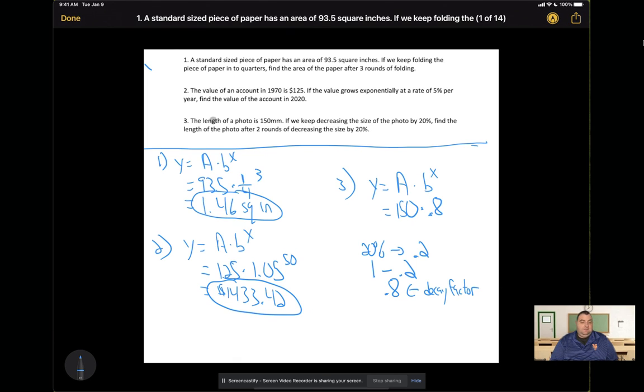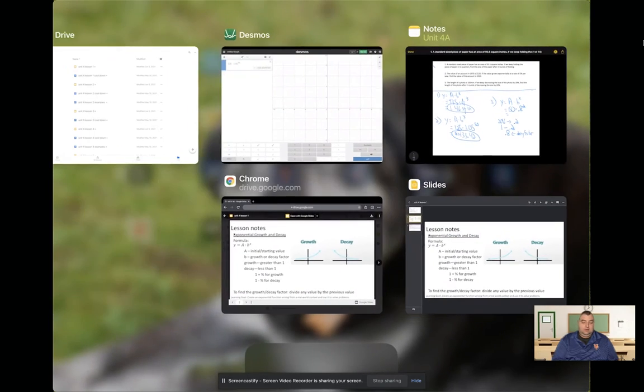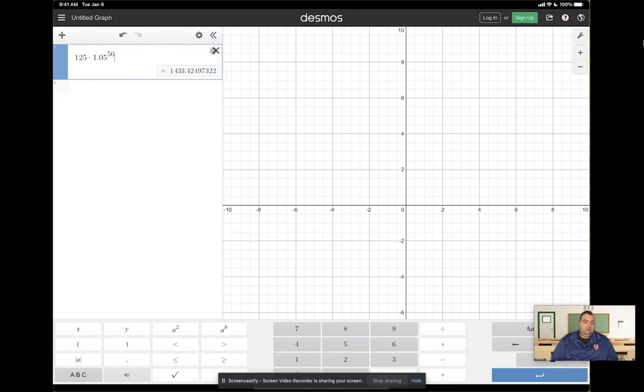Then find the length of the photo after 2 rounds, so my X value is going to be 2. I just have to calculate 150 times 0.8 squared.